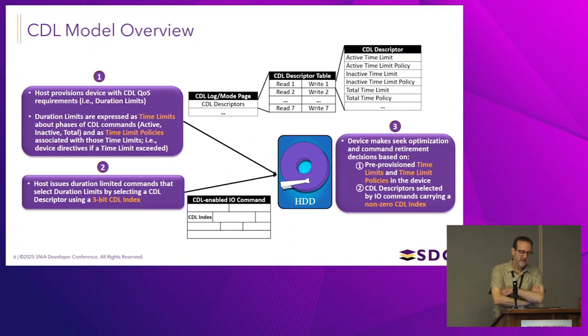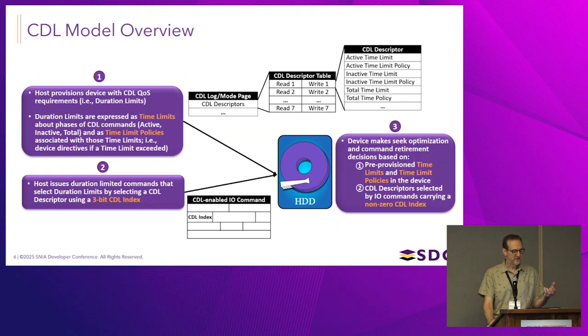In terms of the standard, or what it looks like, the way it works is that the host provisions a device with CDL QoS requirements, i.e. duration limits. And the duration limits are expressed as time limits about phases of CDL commands.